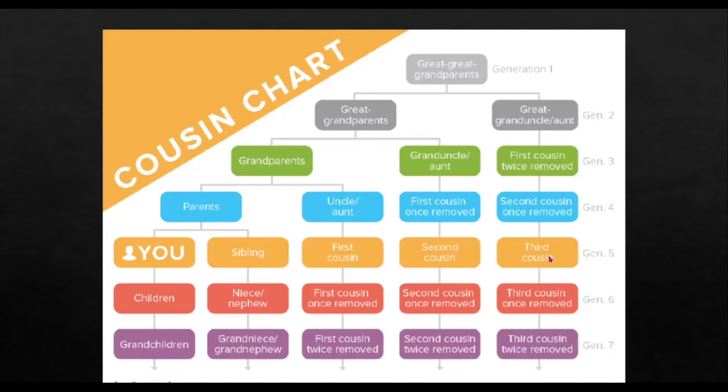So if we had a much bigger chart, your fourth cousins' most recent common ancestor would be great great great grandparent. So if you know someone is your fifth cousin, then you know that they are your four great grandparent, right? Because we've got a G from grandparent and we've got the four greats, and that gives us a fifth cousin.